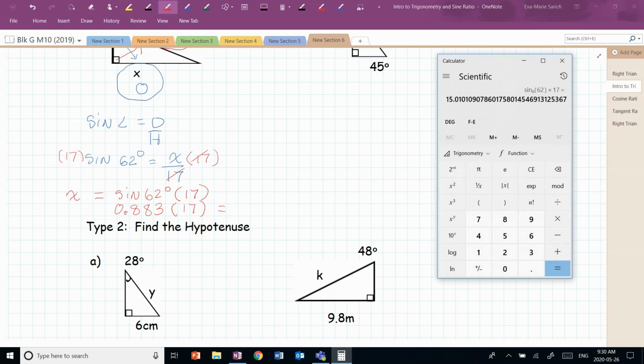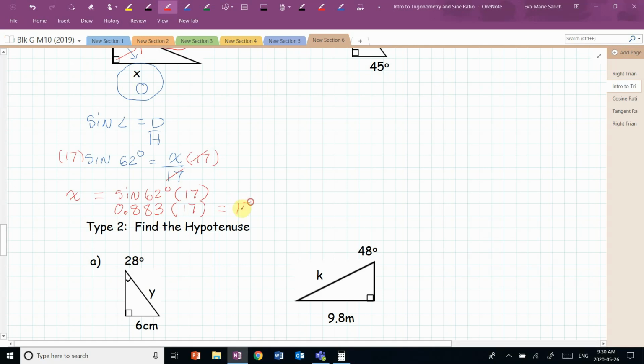15.01. Now, we want sides to 1 decimal place, ratios to 3 decimal places, angles to no decimal place. So this is 15 point, and we cut it off to 1 decimal place, so this is a 0, so that's going to equal 15.1.